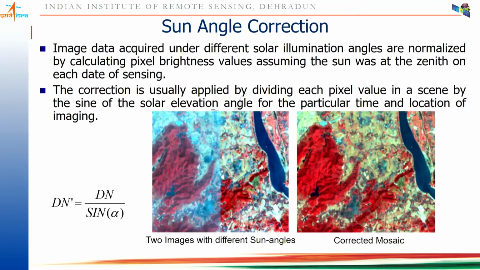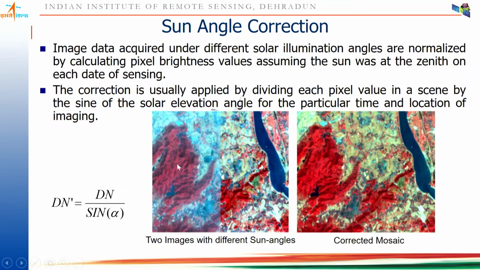To correct the imagery acquired with different sun angles, we correct each image as if the sun was in its zenith position, that means just above the head, and do the processing so that the variation of the illumination effect is gone. For example, here there are two images with two different illumination angles, two different solar elevation angles, and that is why they cannot be mosaicked like this.